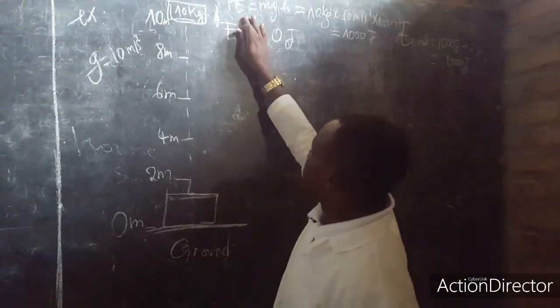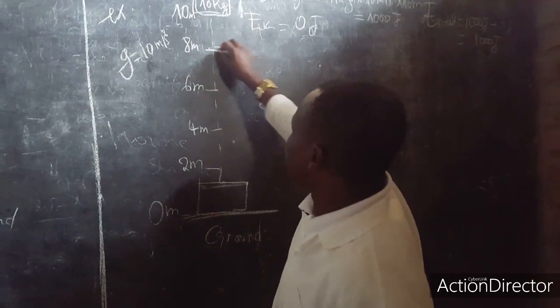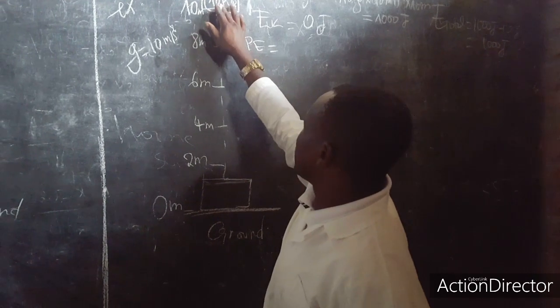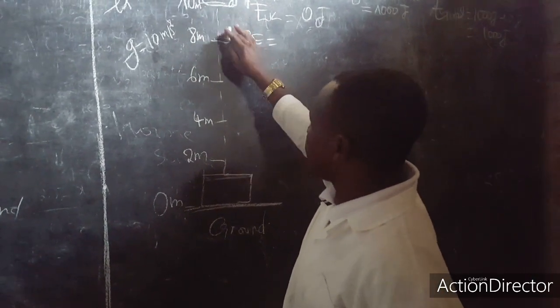So let us also see the potential energy at the height of 8 meters. The mass is constant because our body is falling down.